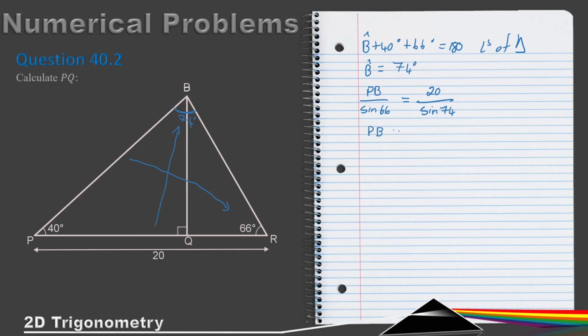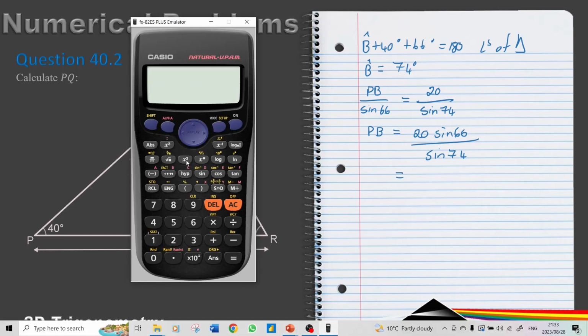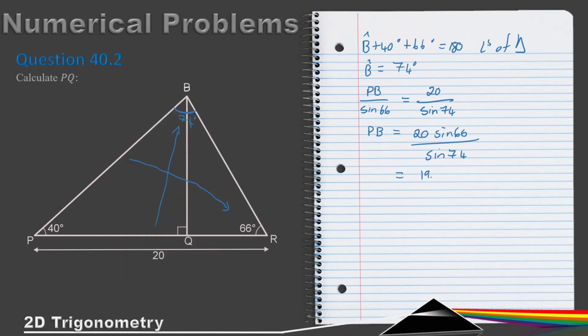So PB is equal to 20 sine of 66 over sine of 74, and then we type it in. Okay, and that gives us 19,01. So 19,01. All right.